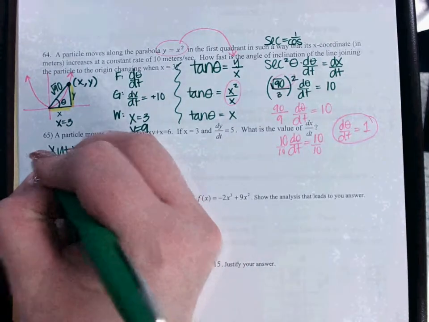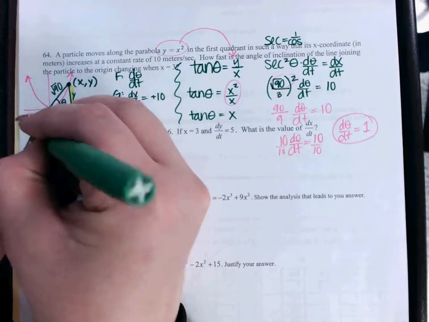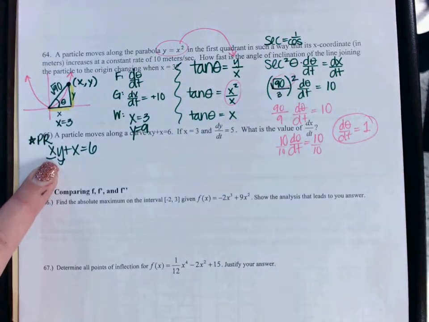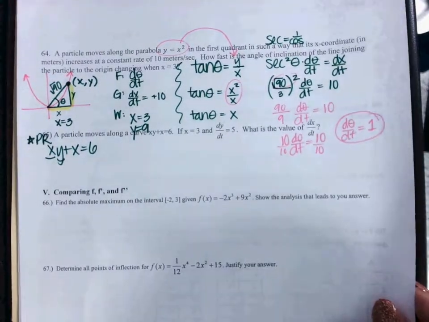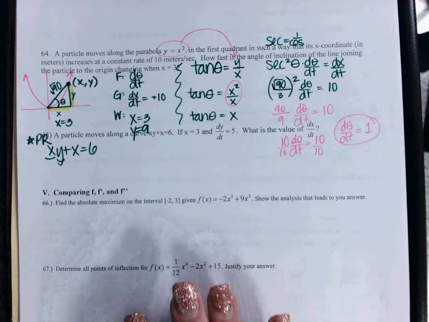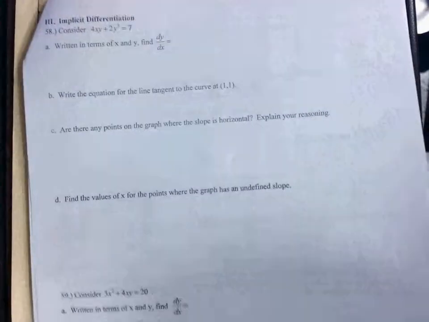Okay, so right here, if you want to put a little note, you're going to need product rule on that one. Okay? Alright, the other thing that we're going to do right now, before I give you some time to work, is going to be, flip backwards please. We're going to do one of these guys. One of the implicits. We're going to do number 58, because it's got a little bit of everything.